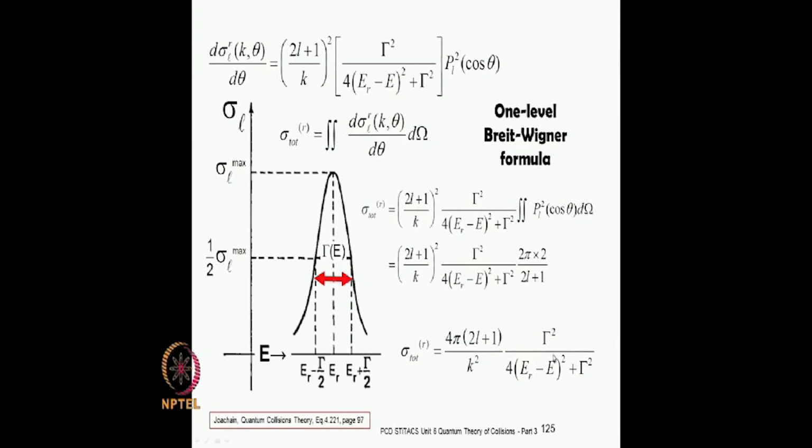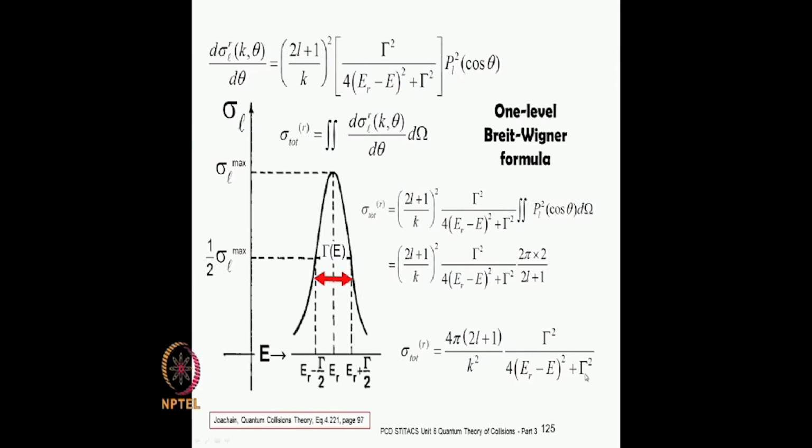Sometimes you would divide both the numerator and the denominator by 4, and that is often the form in which you see this formula, because then you can write it in terms of the square of the half width, which is gamma over 2 square. If you divide the numerator by 4 and the denominator also by 4, then this 4 will go away, but you will get the square of gamma by 2 here.